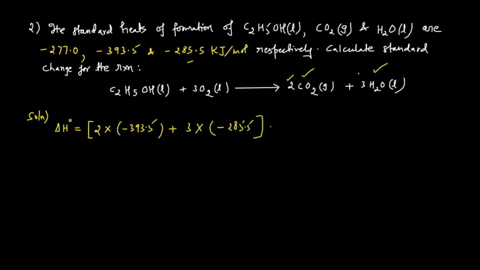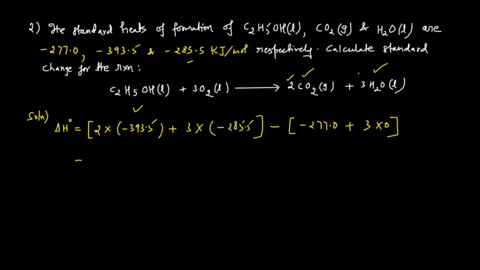Then minus reactants, and for reactants one molecule of ethanol is there, and for ethanol the value is minus 277.0, and plus 3 moles of oxygen are there, but the value is 0 for this one. So 3 multiplied by 0 will give you 0.